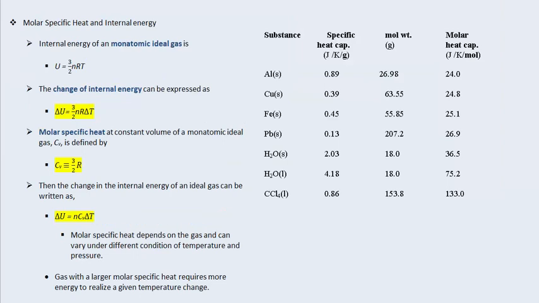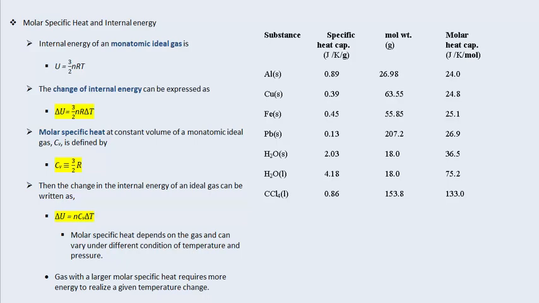So now let's see how molar specific heat and internal energy are related. We're given an equation for the internal energy of a monatomic ideal gas: internal energy is equal to 3/2 multiplied by nRT, or our change in internal energy can be expressed as 3/2 multiplied by nR times our change in temperature.